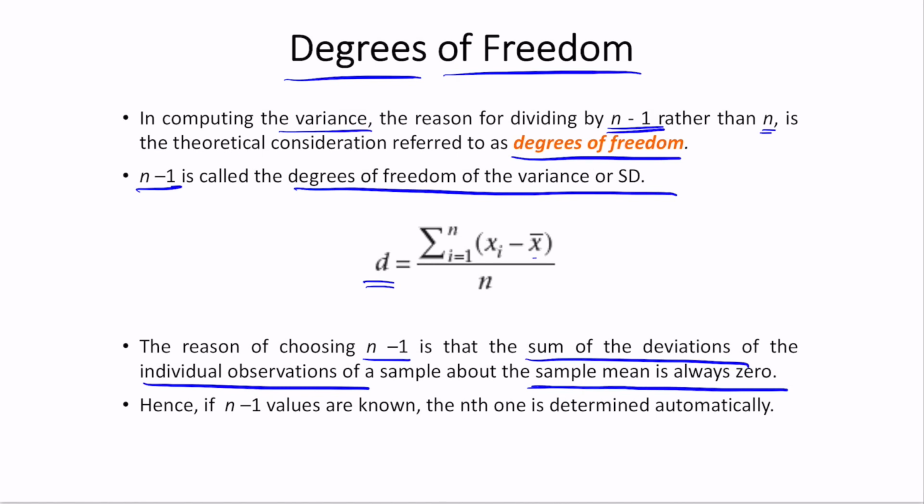Hence we use n minus 1 values so that the nth one is determined automatically. This might not sound correct, but this is how the method is done. This is far above the actual syllabus of the course, so we'll just use n minus 1 as the main value.